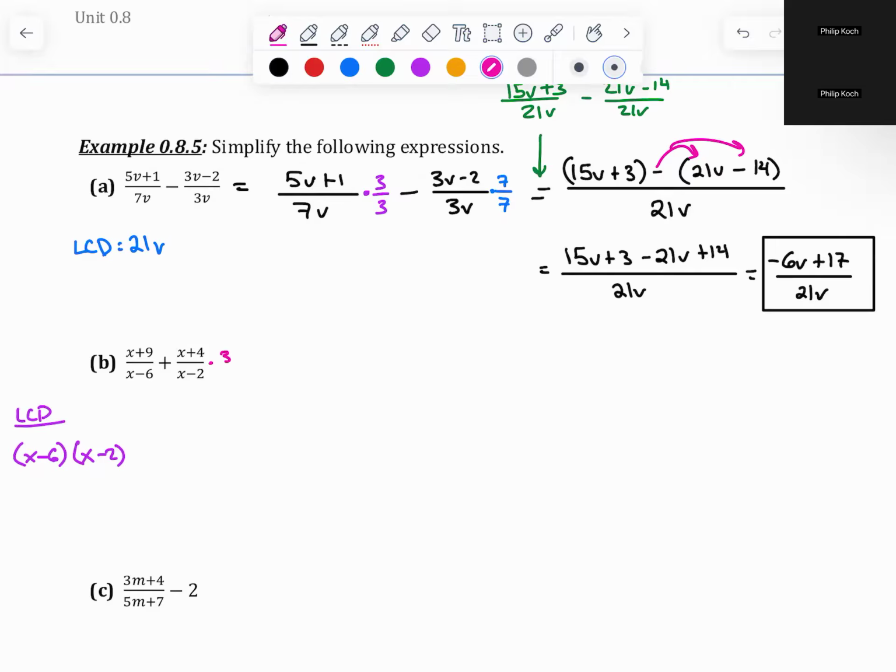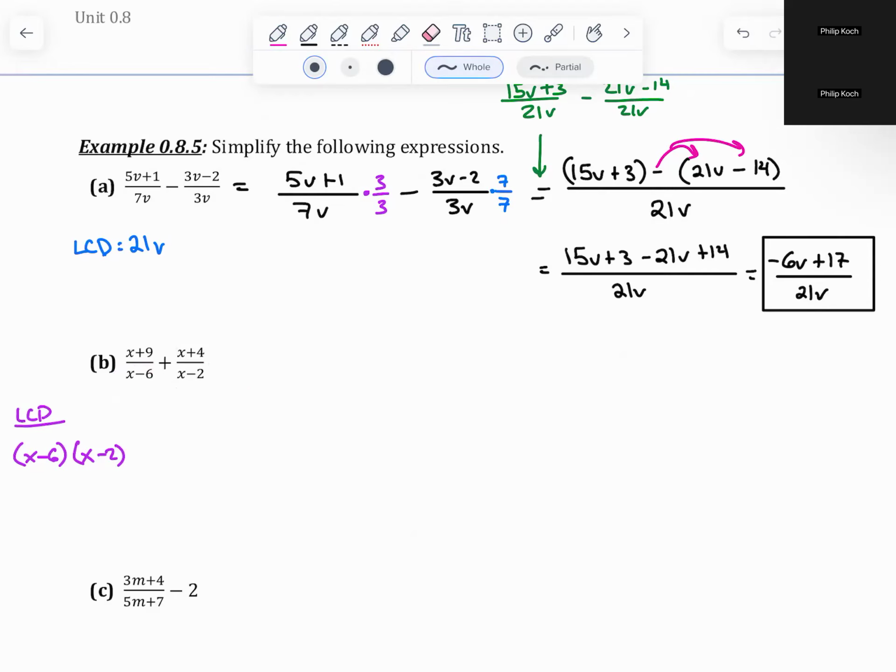If I multiplied this by 3 over 3, then this would be 3x plus 12. That's not a problem, but the denominator would now be 3x minus 6. It wouldn't line up, so it wouldn't be able to be added together, because that 3 has to get distributed to both things. If it could only get distributed to the 2, it would be great. But that's sadly not how it works.